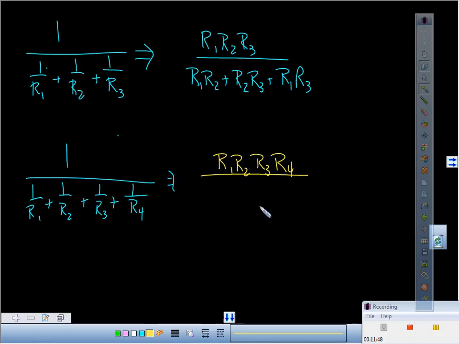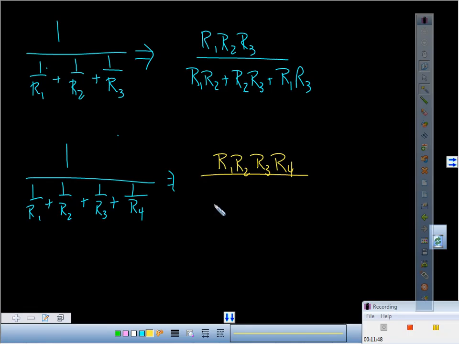Wonder how many terms I'm going to have down here? 4 terms. All right, so I already know I'm going to have 4 terms. Notice something else. 3 resistors, and each term involves how many of those? 2 of them. So with 4 resistors, each of those 4 terms is going to involve how many? 3 of them. And all I'm going to do is just make different combinations of 3.